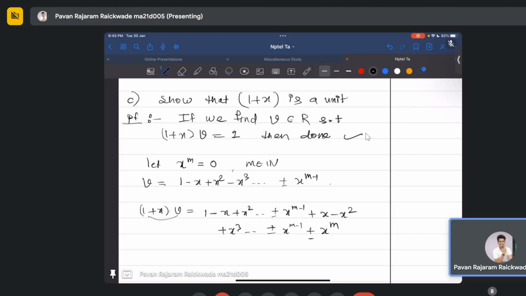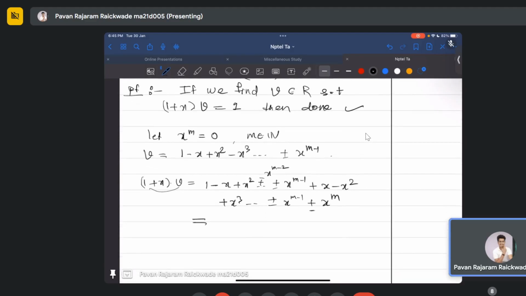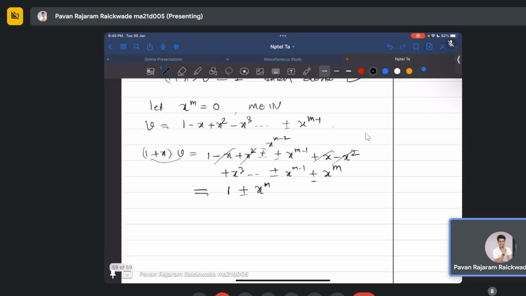So if I do the sum, minus x cancels plus x, minus x squared cancels plus x squared, everything will cancel, and I'll end up with 1 plus minus x raised to m, right? But you know x raised to m is 0, right? This is 1 plus 0, which is 1. So I found an element v such that 1 plus x times v is 1, which implies 1 plus x is a unit.